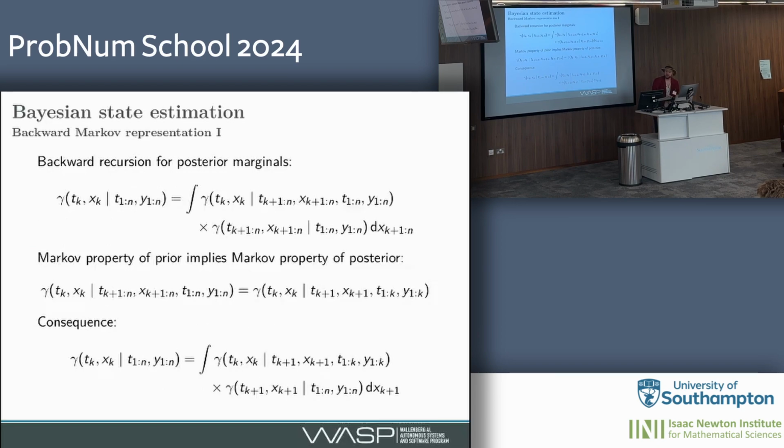So let's look at a backward recursion for the posterior marginals, because by definition, the terminal filtering density is the posterior marginal at the terminal time, because it's conditioning on all the measurements at that time.